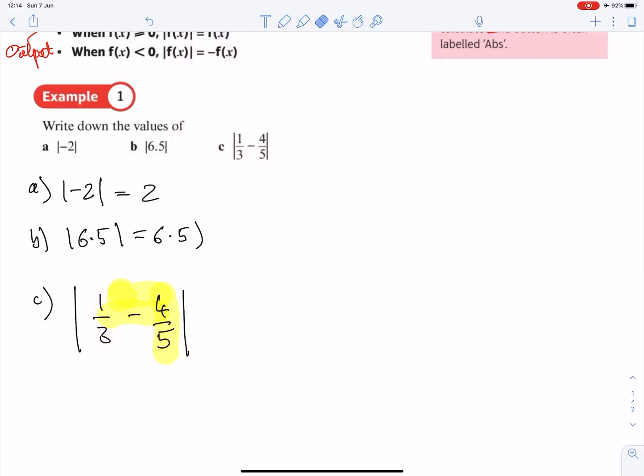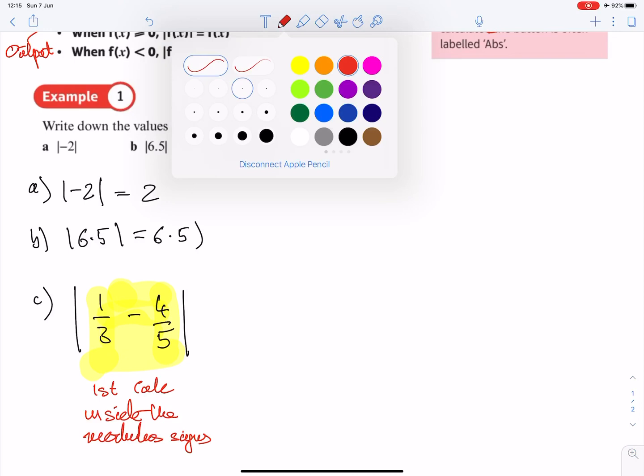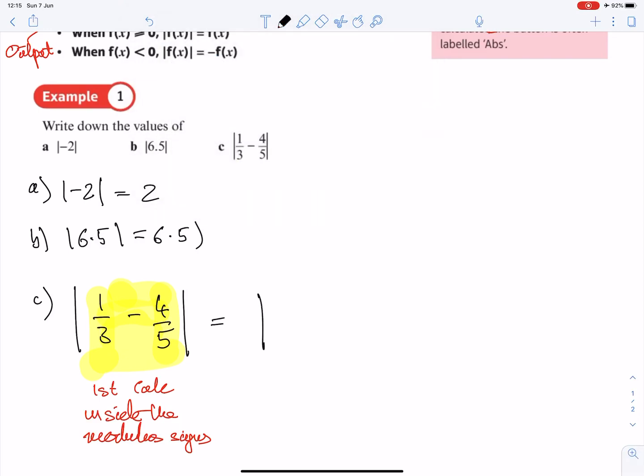So first calculate inside the modulus signs. We get a third minus 4/5, so the lowest common denominator will be 15. The 3 has been multiplied by 5, so a third is 5/15, minus 4 over 5.